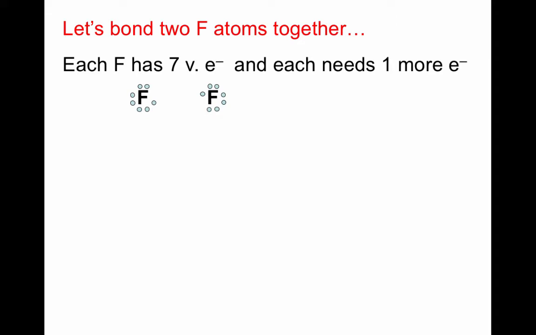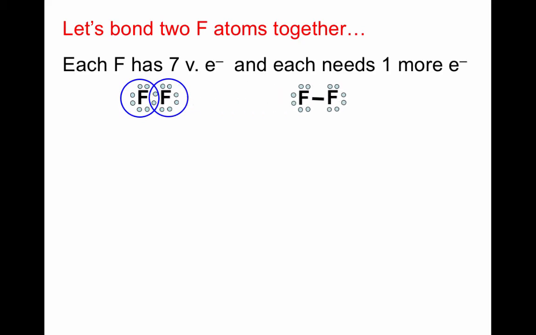So if you draw out your 2 fluorines with 7 valence electrons each, what happens is they will come together to share those 2 center electrons to complete each other's octet rule. So you can see the fluorine that's circled now has 8 valence electrons. The other fluorine has 8 valence electrons.